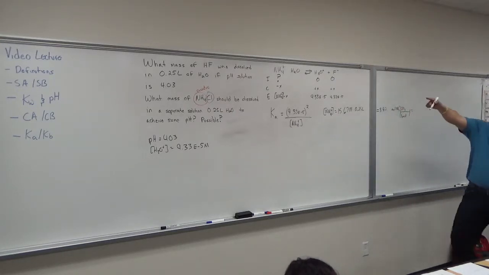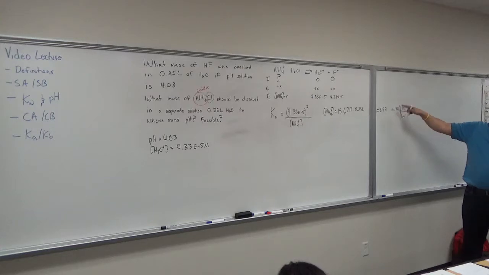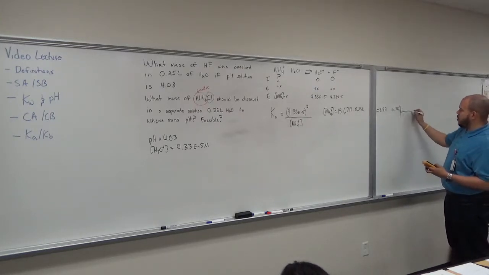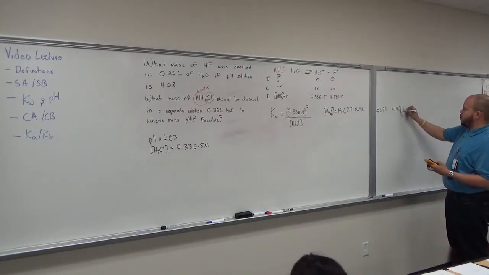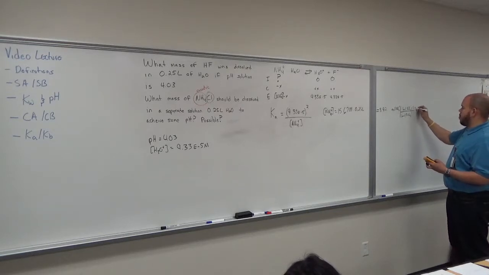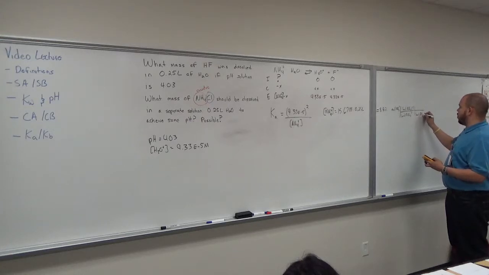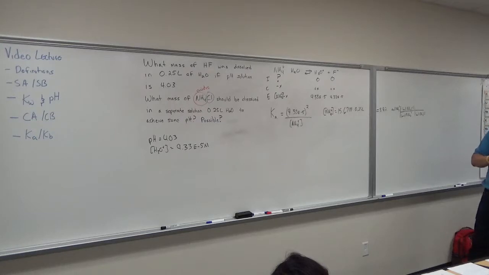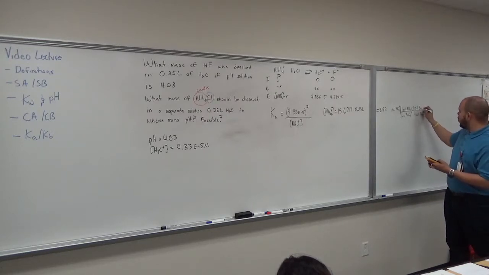And to get that number of moles of NH4 plus from NH4Cl, we have to recognize that you get 1 mole of NH4 plus for every 1 mole of ammonium chloride. And then we know that 1 mole of ammonium chloride is equal to 35.45 plus 14.01 plus 4.04, 53.5 grams.